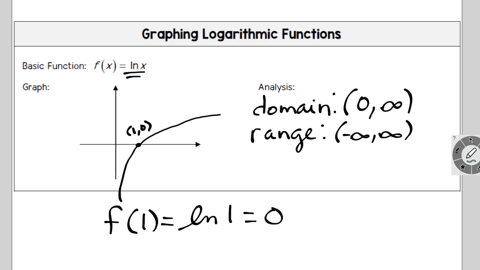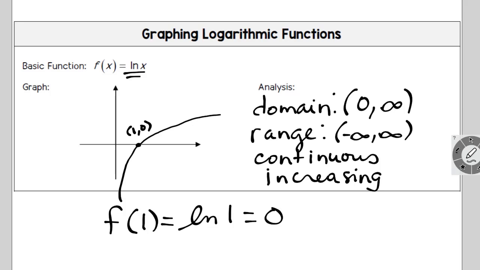Some other things about the graph that we want to note. It is continuous. There are no gaps or jumps. It is increasing. I think we can see that for our base function. If we put a negative out front, that's going to change some things, but for the base function, it's increasing. We don't have any extrema, we don't have any symmetry.